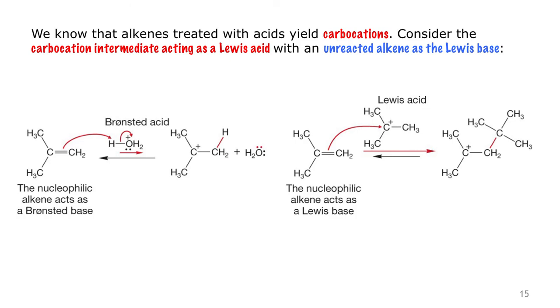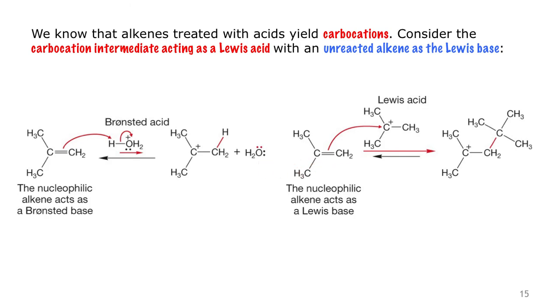So if we have our alkene, this is from the previous slide, this is our 2-methylpropene, and we treat that with Bronsted acid, it can be protonated and form a very stable tertiary carbocation. If the concentration of water is very low, but the concentration of alkene is very high, then the most prevalent nucleophile would be more alkene rather than water.